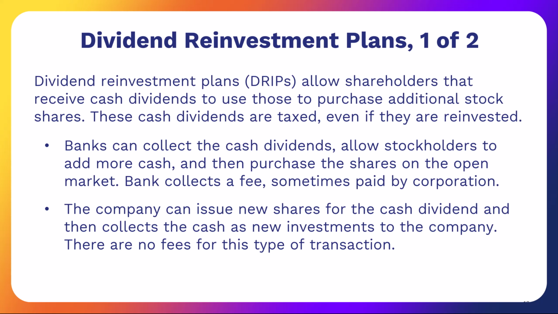So suppose you own 200 shares of Johnson & Johnson. It pays a $1 dividend, and instead of taking $200 in cash, you just reinvest to get more shares, increasing your ownership over time. Even small investments can grow significantly through compounding.